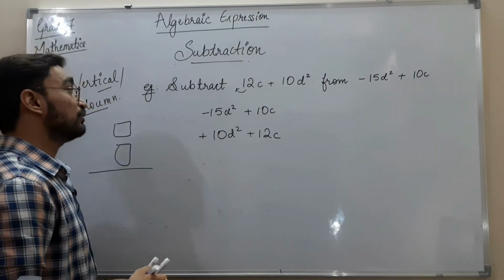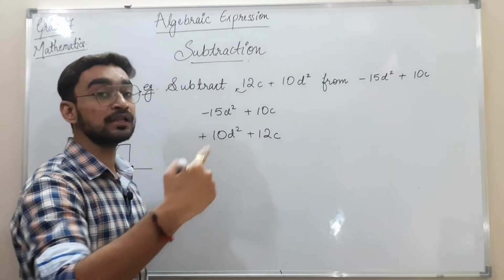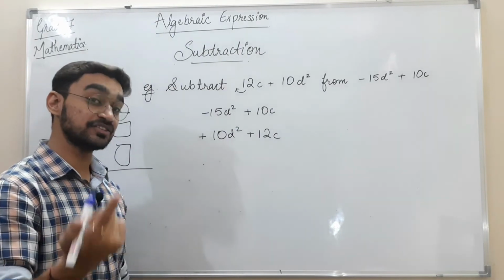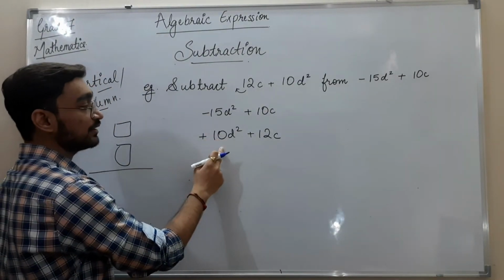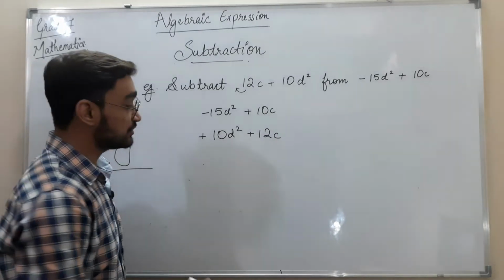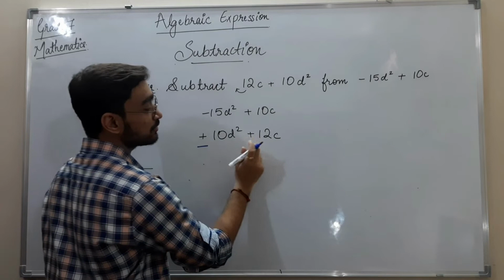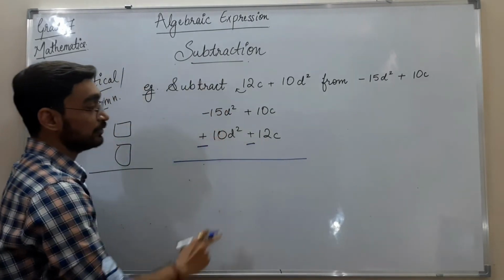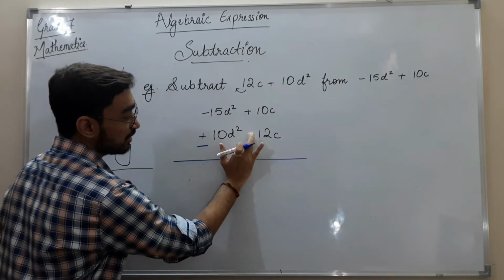Now one thing is there. Whenever we want to do subtraction, do you remember in the row case also, all the symbols were changing. All the symbols of the second one, which is coming down, were changing. So all the symbols will change here. This positive will become negative, and this positive will also become negative. Now we have to see 10 minus 12, means actually we have to forget this symbol now.